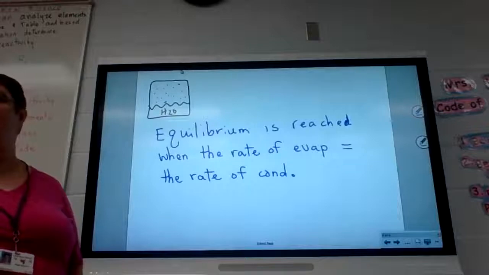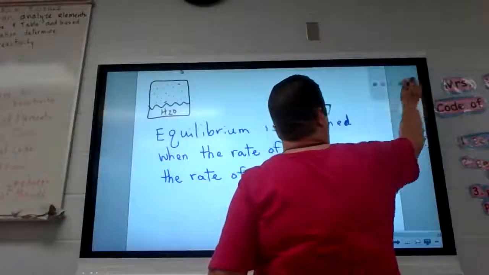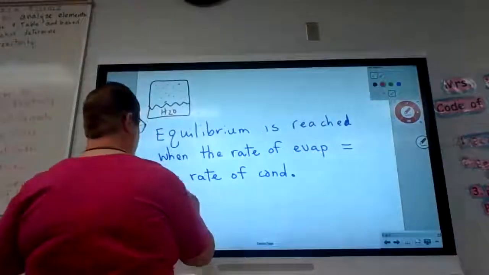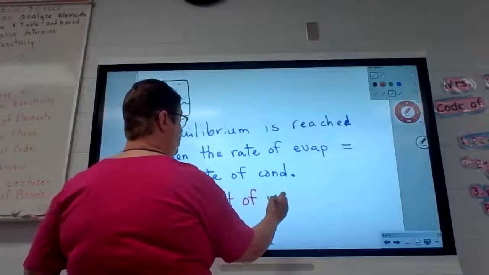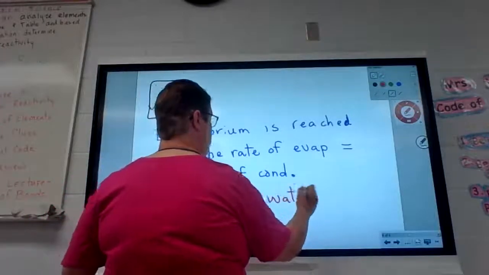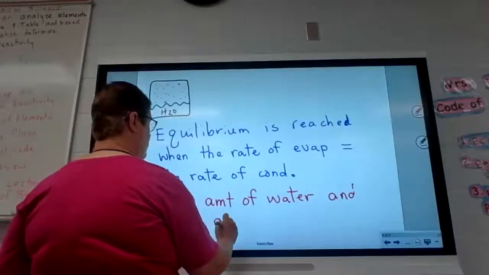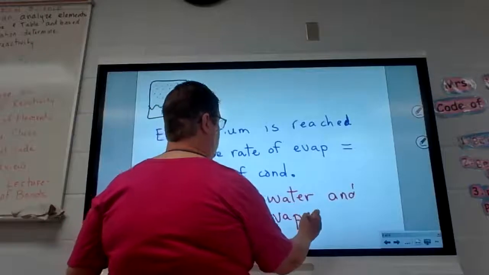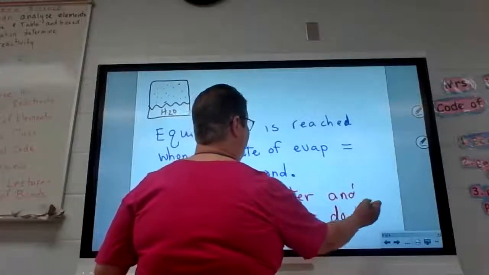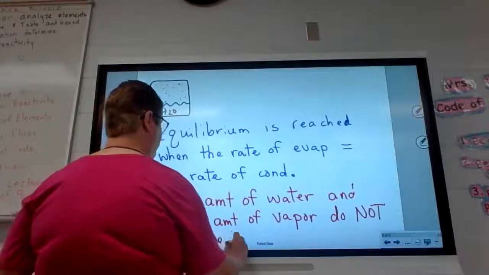If it doesn't tell you that, you cannot make that assumption. Now, the amount of water and the amount of vapor do not have to be the same.